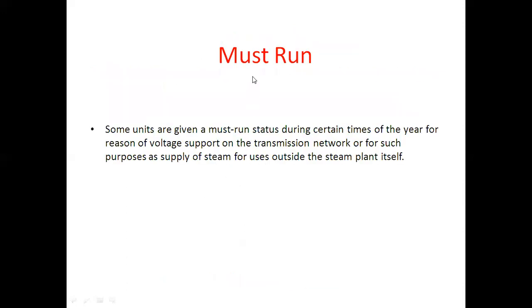Another is called must run. Some units are given a must run status during certain times of the year for reasons of voltage support on the transmission network, or for such purposes as supply of steam for uses outside the steam plant itself.